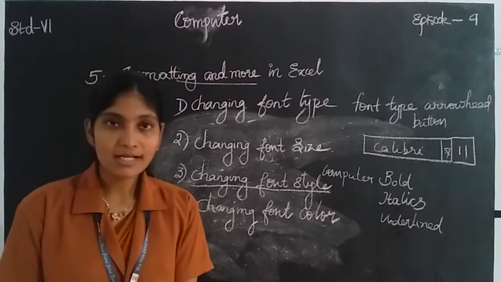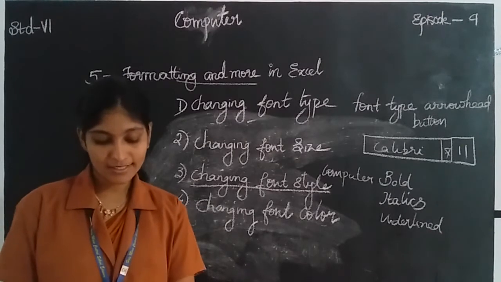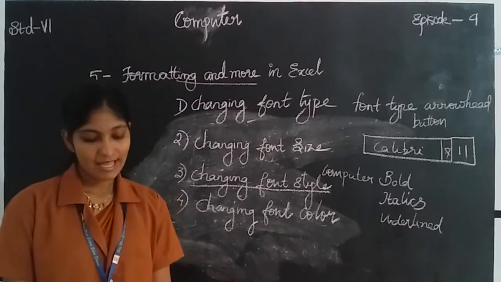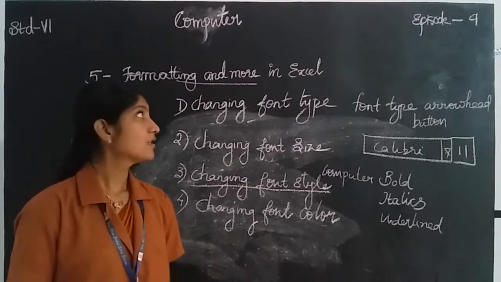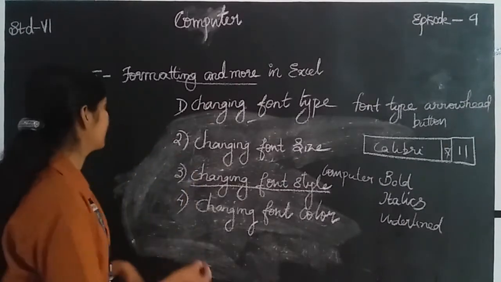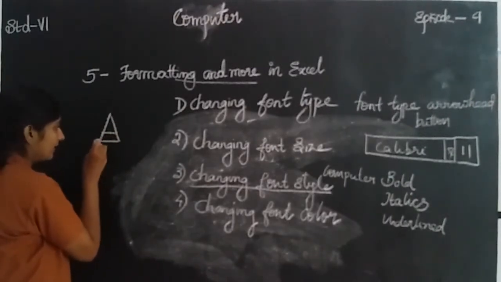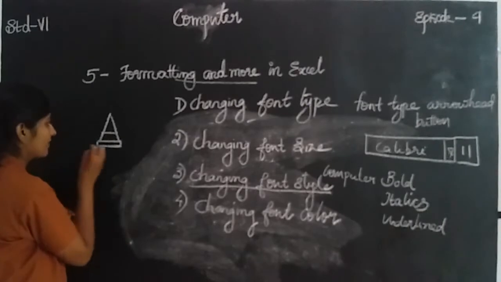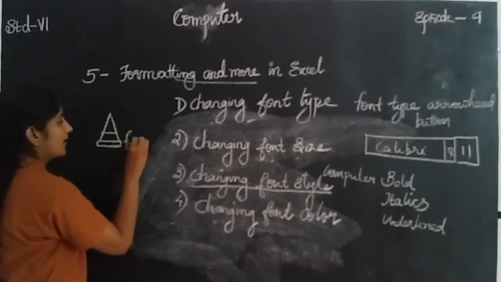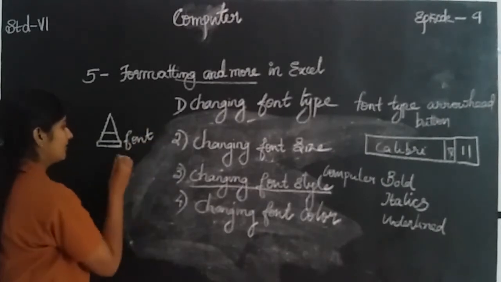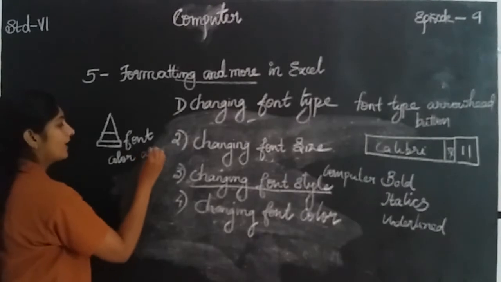That means the font color of the entries can be changed by clicking the font color arrowhead button and then selecting the color of your choice. So the font color arrowhead button, that is letter A, and there is a color which is presented, the one you have selected.